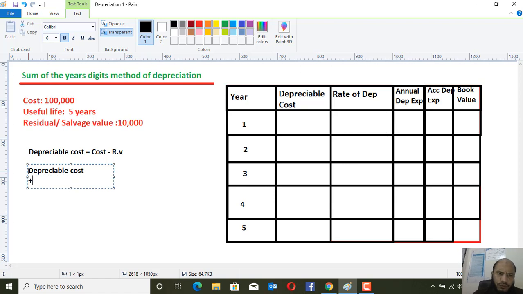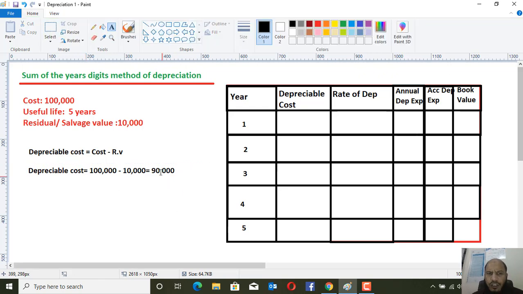Our cost is 100,000 rupees and our residual value or salvage value is 10,000. So when we deduct 100,000 minus 10,000, it is equal to 90,000, and this 90,000 is our depreciable cost. If someone asks you about the depreciable base, this is it.